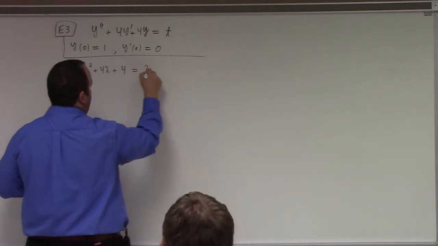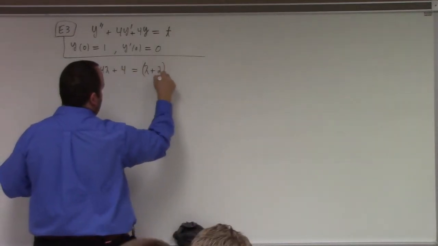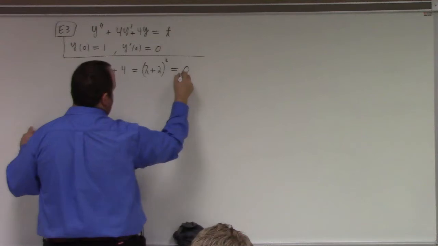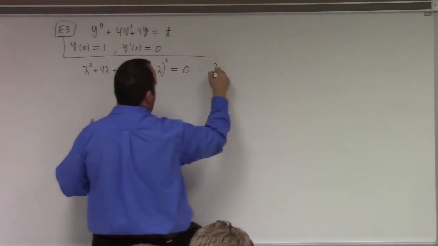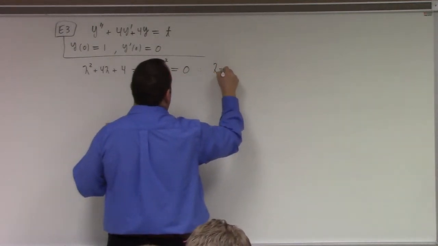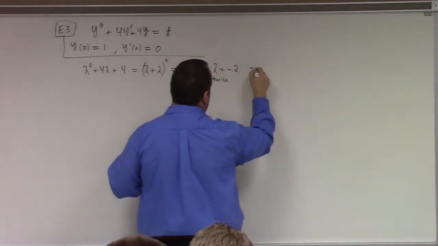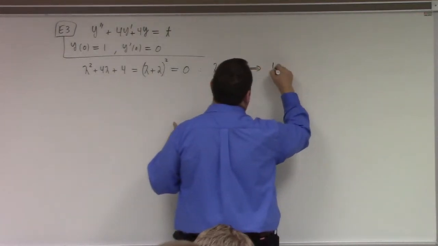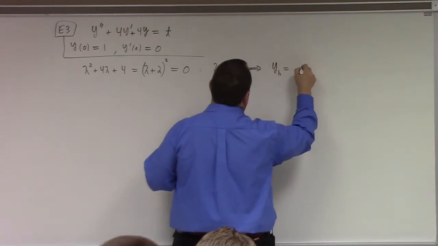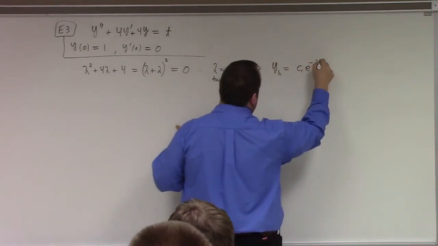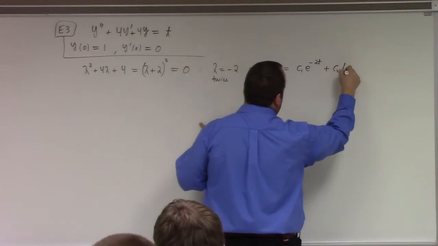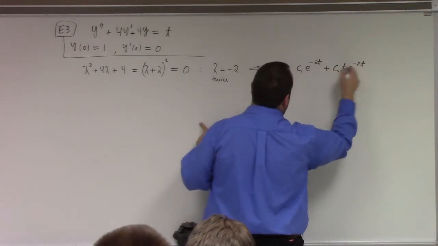Which is otherwise known as lambda plus 2 quantity squared equals 0. So therefore, I have lambda equals minus 2 twice. So if you go back to everything we've done, we know that the homogeneous solution should be something like C1 e to the minus 2t plus C2 t e to the minus 2t, right?